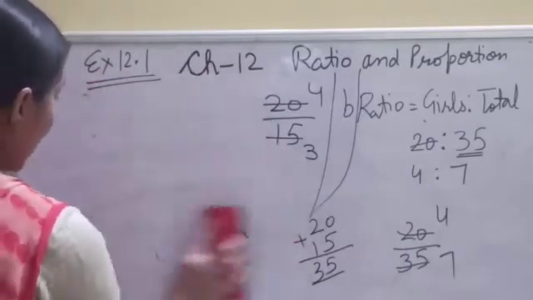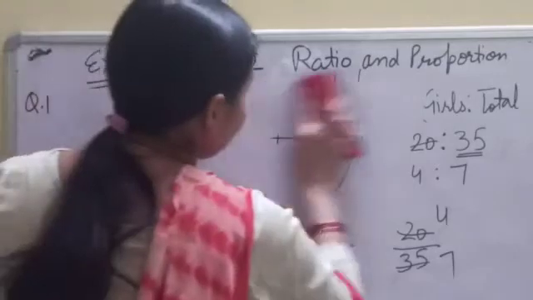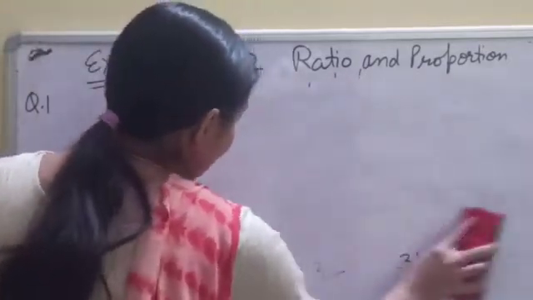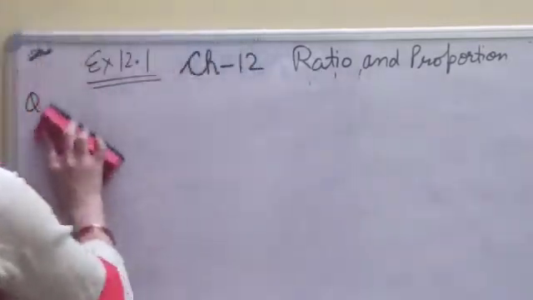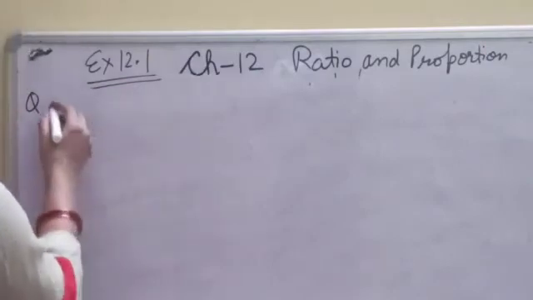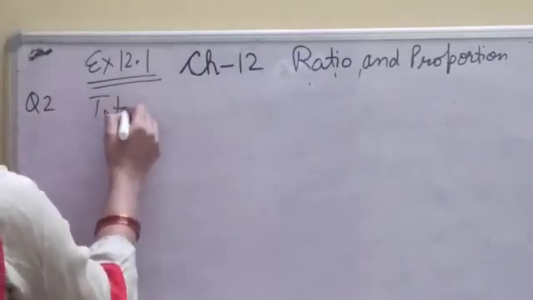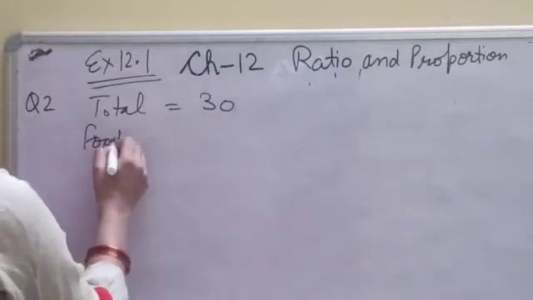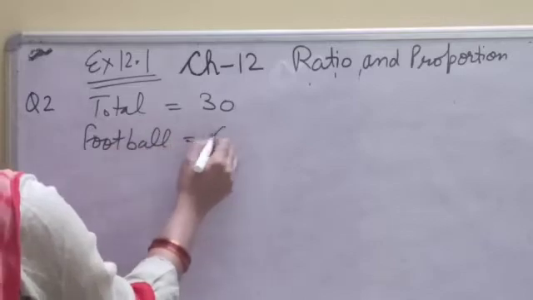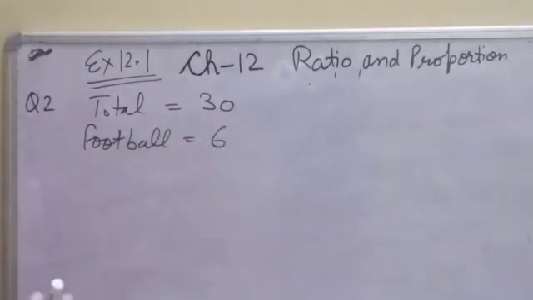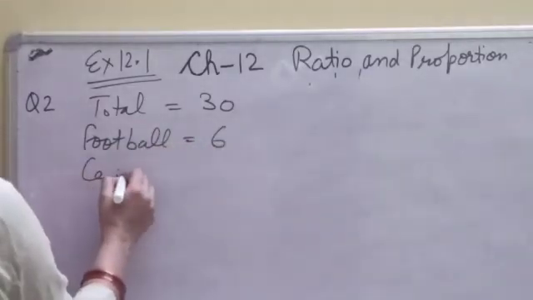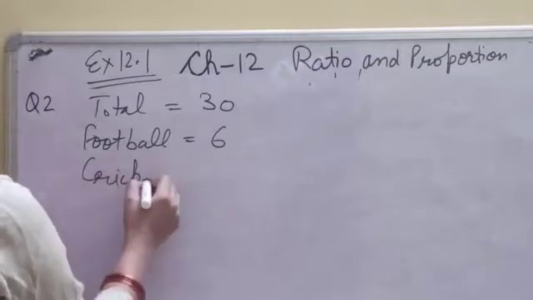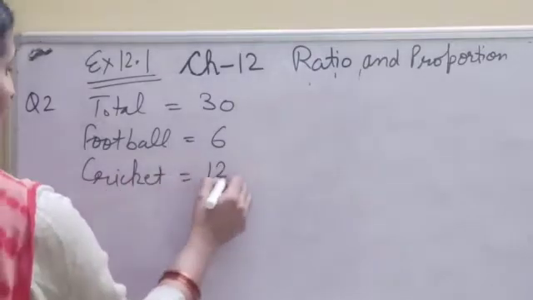Question number 2. Out of 30 students, total students 30. And out of these 30, students who like football, those are 6. Who like cricket, those are 12.